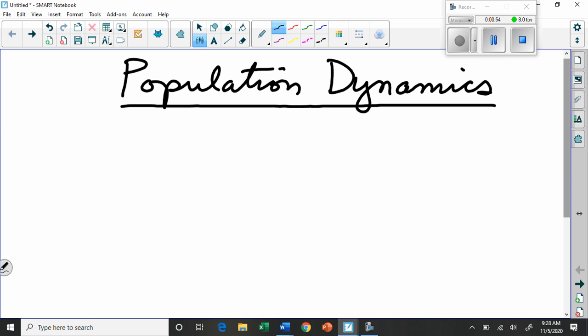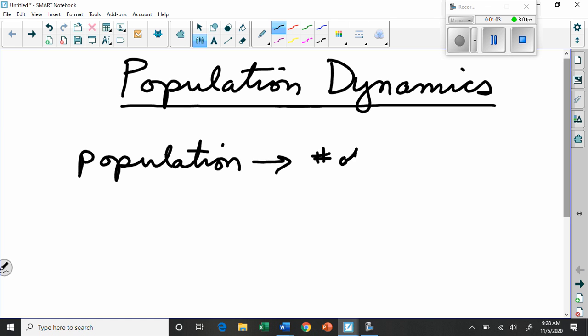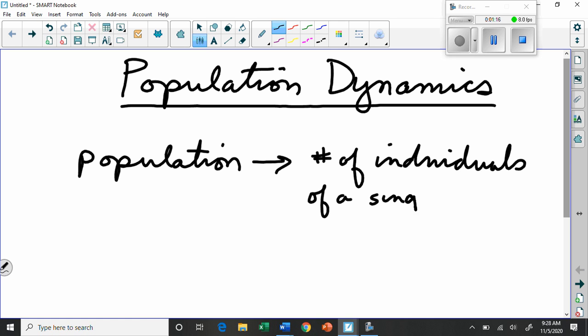So obviously, a population, you'll remember, is referring to the number of individuals belonging to a single species. The word population is always talking about a single species.